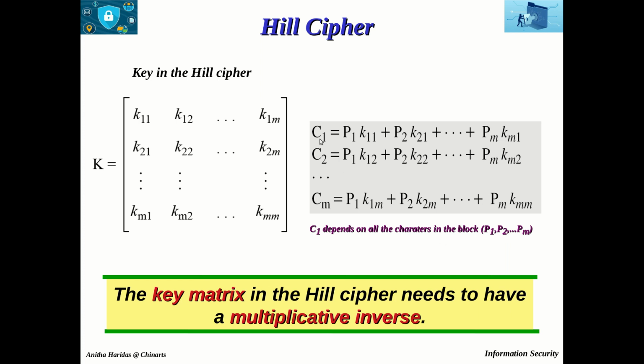So C1 will be calculated with P1 to PM block values and the first column of the key matrix. C2 will be calculated with the same block P1 to PM with the second column of the key matrix.